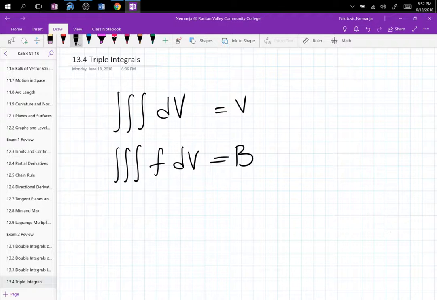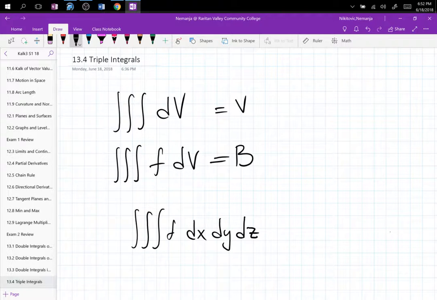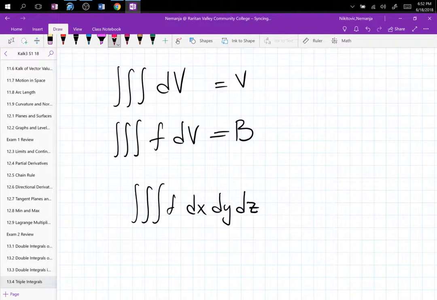All right, so now the way to compute the triple integral, let's say it's dx, dy, dz, would be to calculate the most inner integral first.